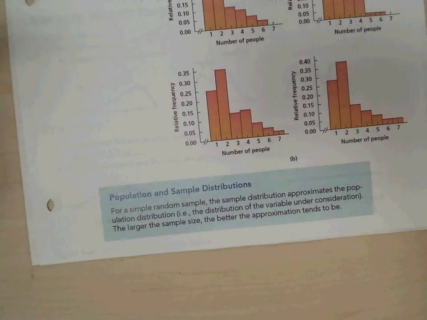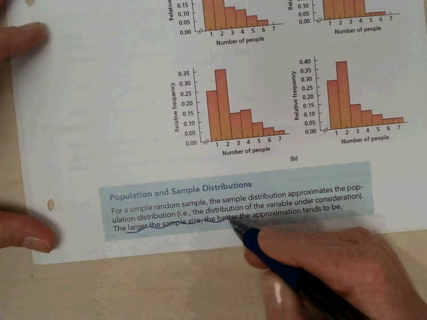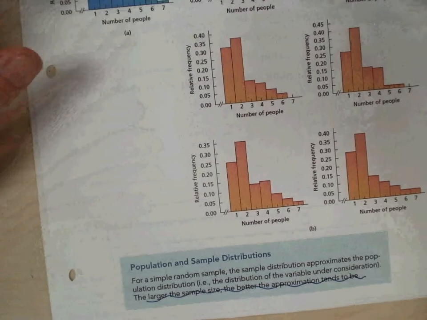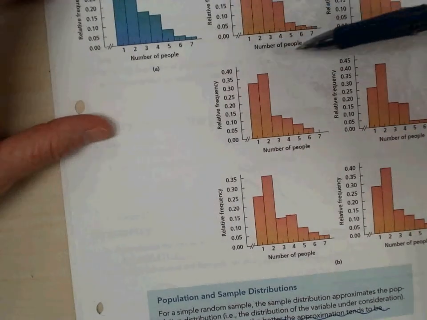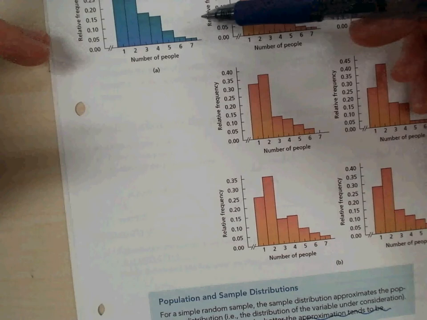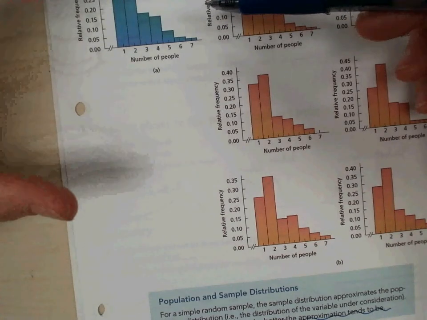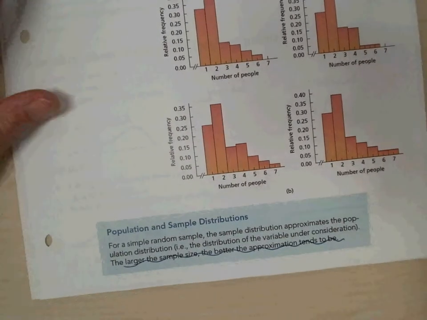A simple random sample and sample distribution approximate the population distribution, i.e., the distribution of the variable under consideration. The larger the sample size, the better the approximation tends to be. So that's the key statement. With a larger sample size, you're going to get a sampling distribution closer to the one that is the actual population.